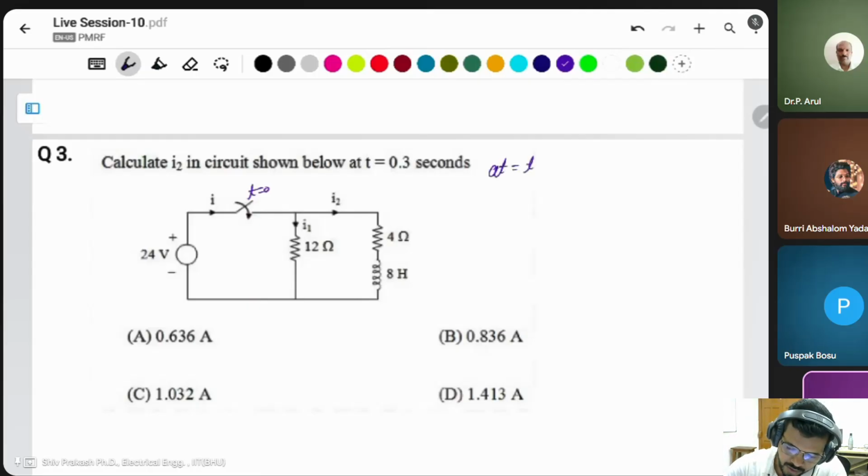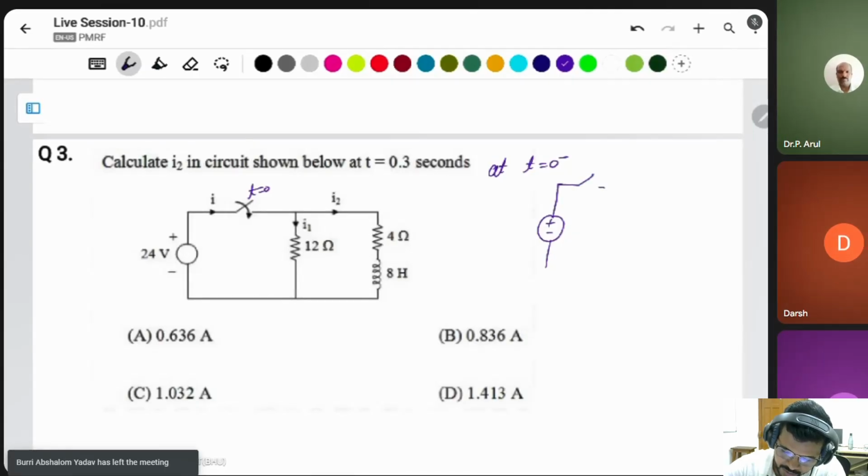at t is equal to 0 minus, the circuit will be open circuit.